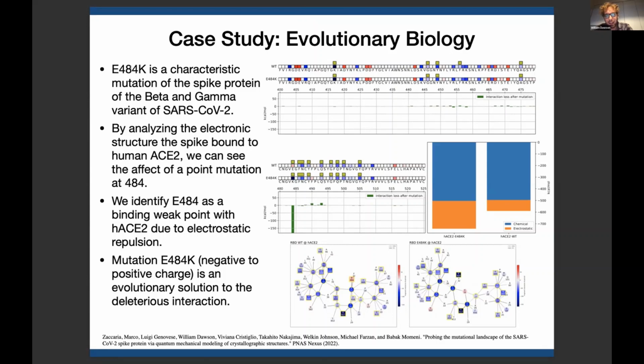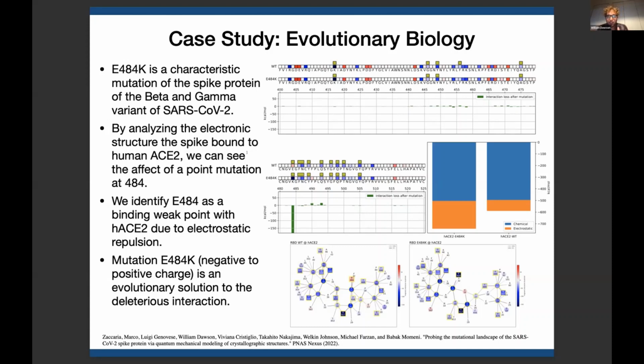In practice, from our atomic point of view, that means there are amino acids, atoms in this system that get swapped out for another set. One very common mutation in the beta and gamma strains is the mutation at position 484, which switches from glutamic acid to lysine.